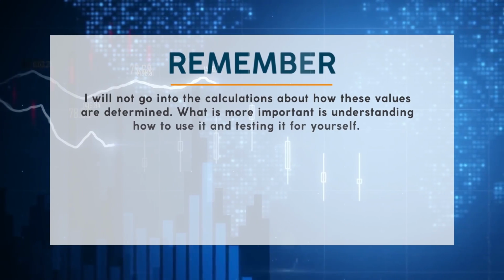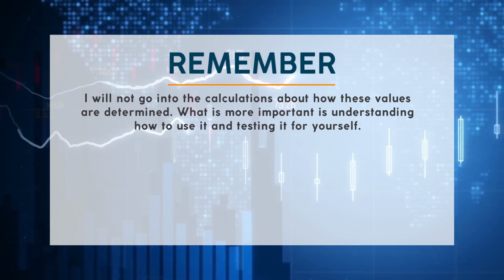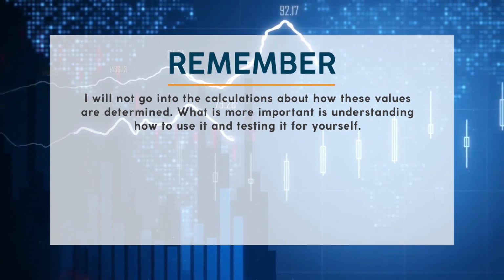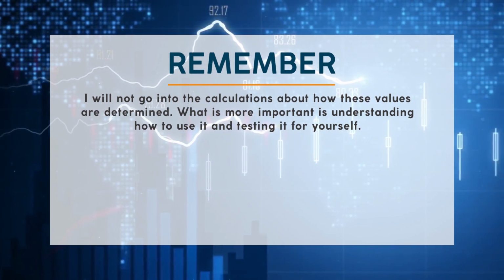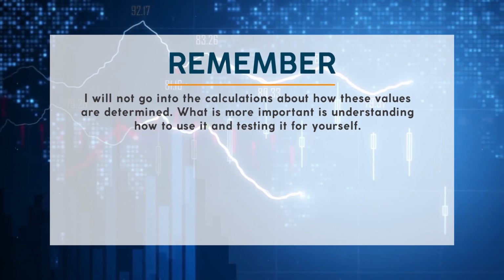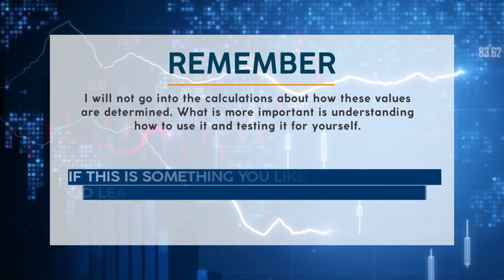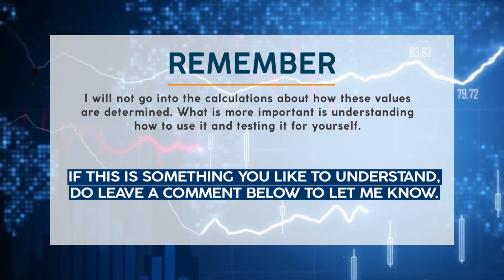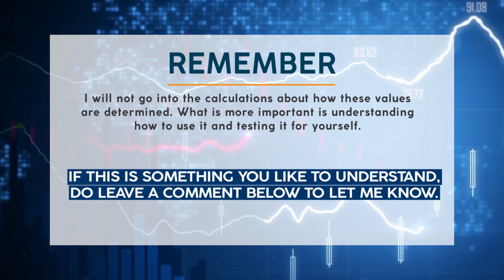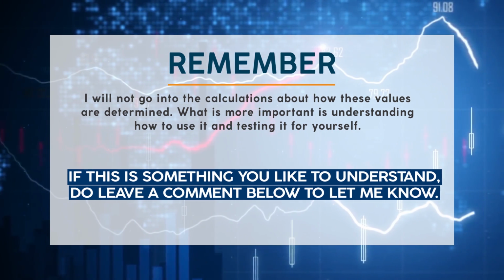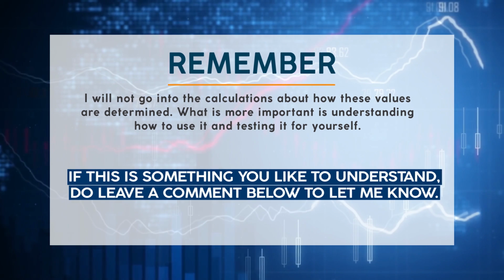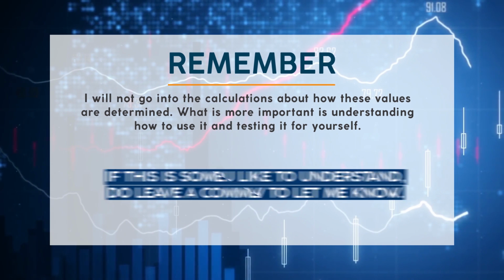For this video, I will not go into the calculations about how these values are determined. What is more important is understanding how to use it and testing it for yourself. But if that is something you would like to understand, do leave a comment below to let me know so that I can create a separate video talking about how the different component values are calculated.